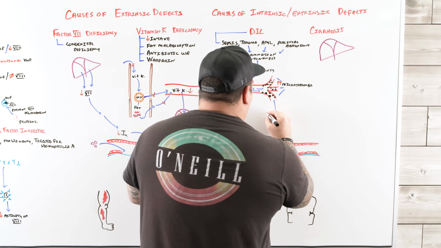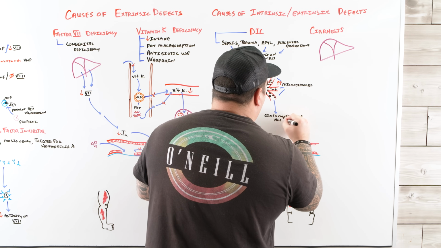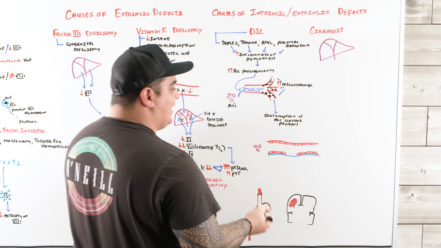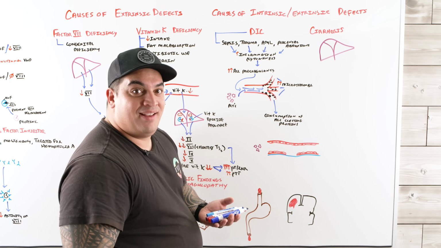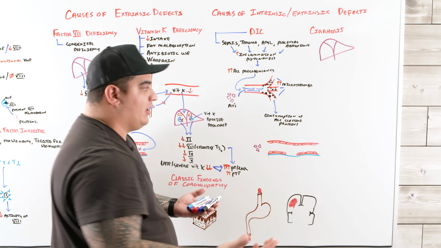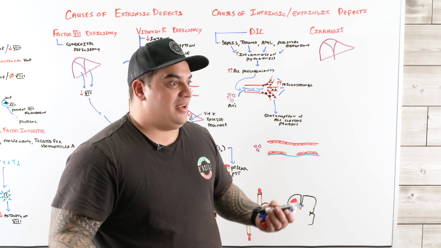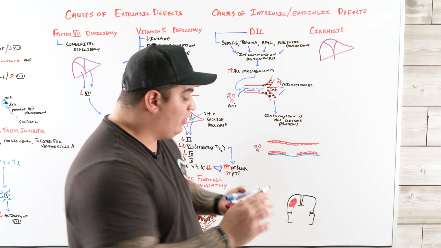So this causes consumption of all clotting proteins, man. And then you end up with a deficiency of every single one of them. That's what's terrifying. And if I have a deficiency of all clotting proteins, what is that going to affect? Factor 7, factor 3, factor 12, factor 11, 9, 8, 7, 10, 2, the whole list goes on.